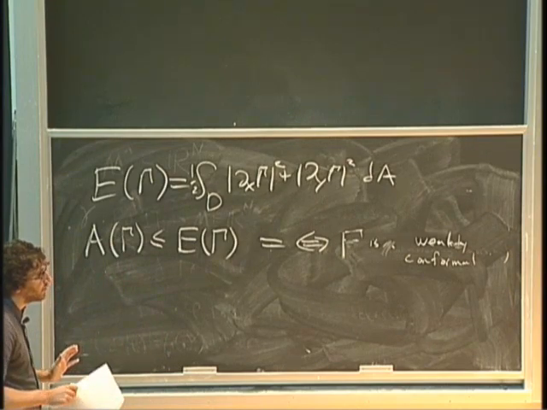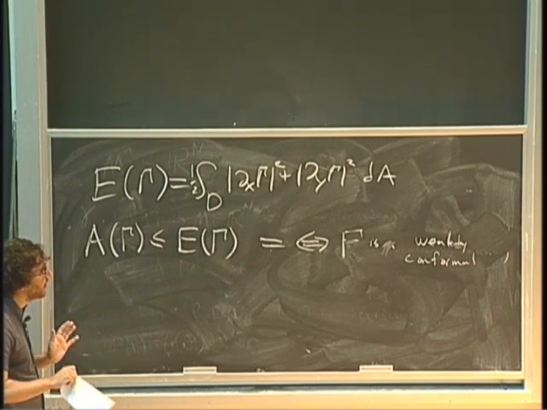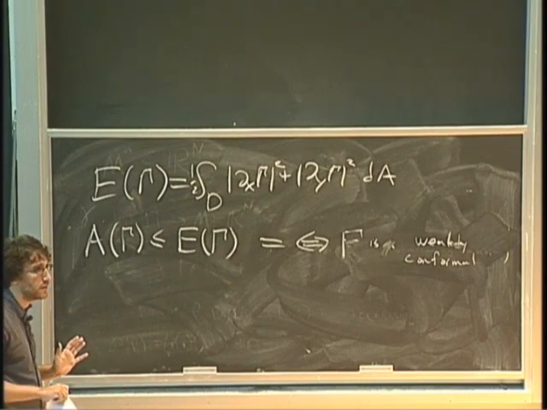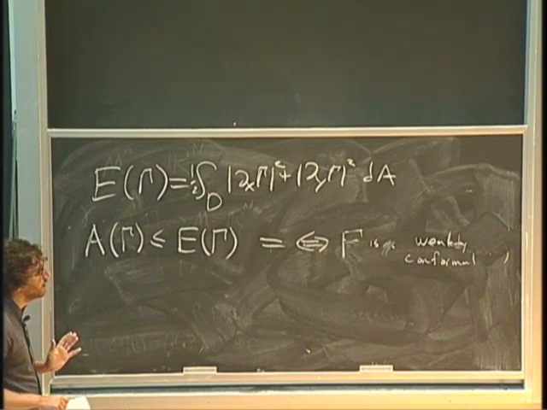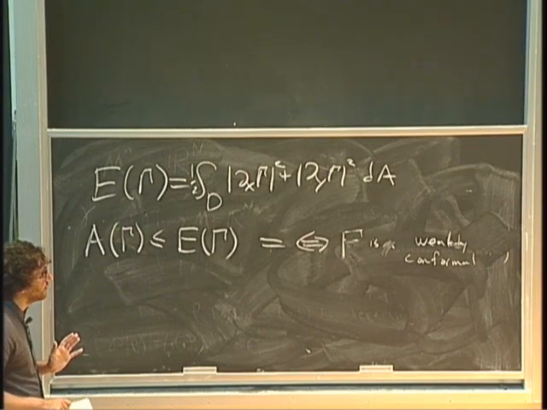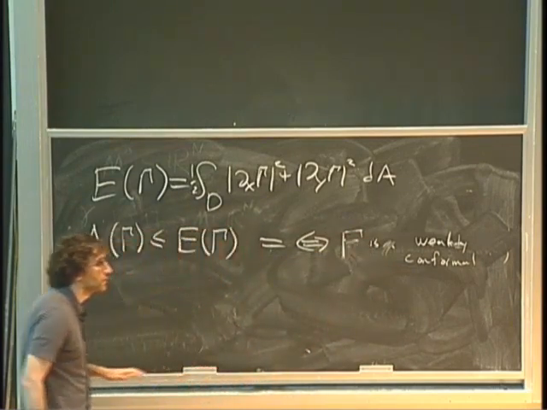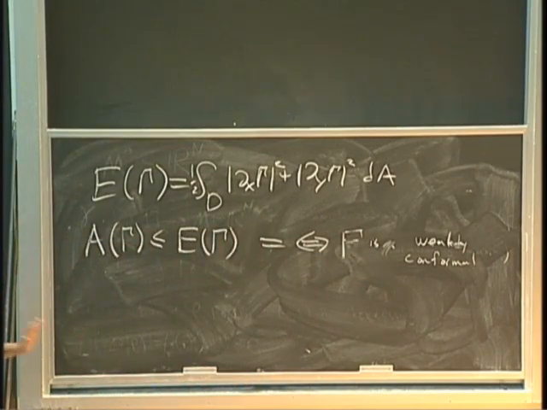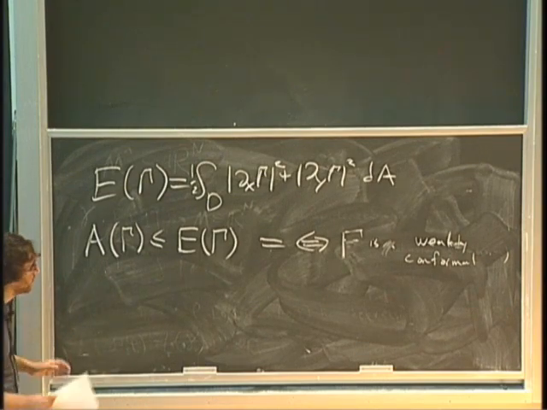So the point is that this is a conformally invariant quantity. It doesn't depend on the representative of the conformal class of the metric, and this is captured in the fact that this is weakly conformal in a certain sense. The upshot is that the Dirichlet energy makes sense on a Riemann surface.